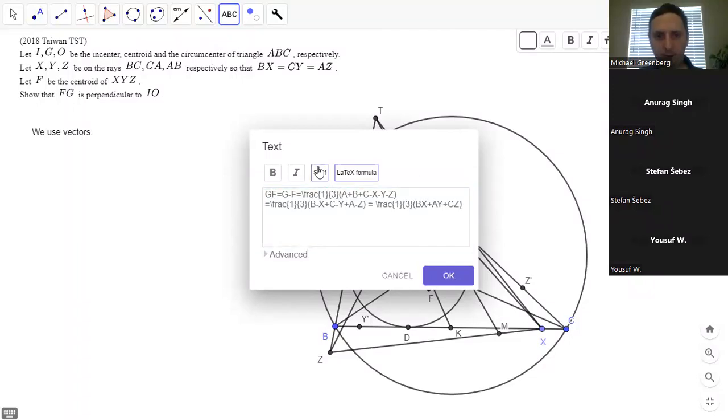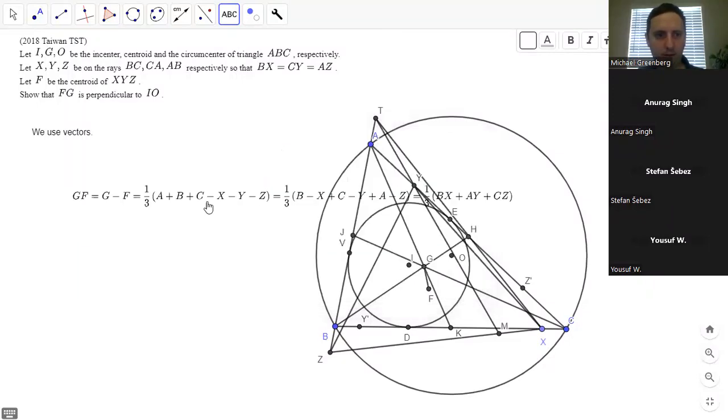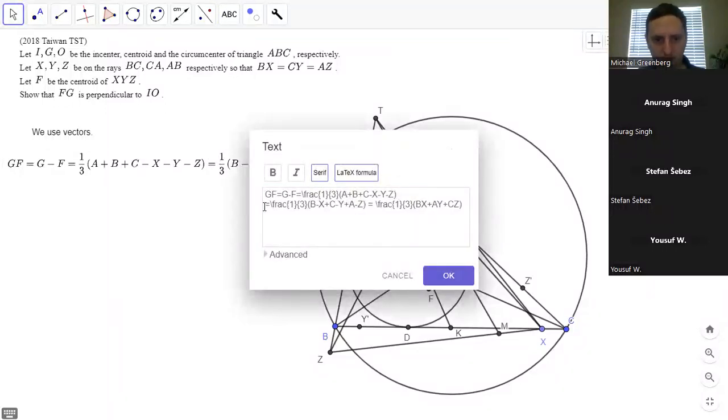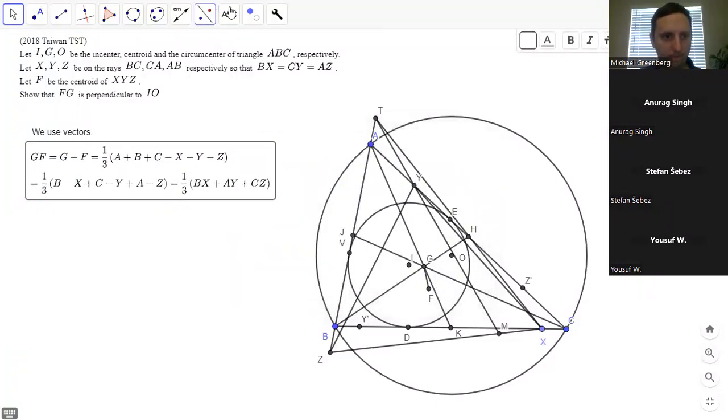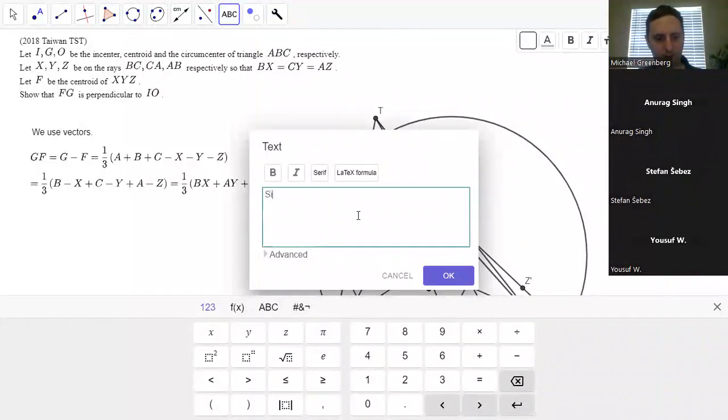And then since BX, CY, and AZ have the same length, this quantity will just scale as we move X, but maintain the same direction.